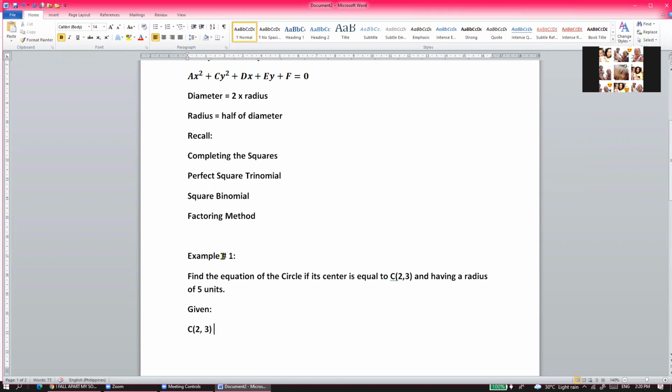So, by comparison with the C, then H and K. Hindi ba ang center ng bilog natin yan? And then, R is equal to 5 units.